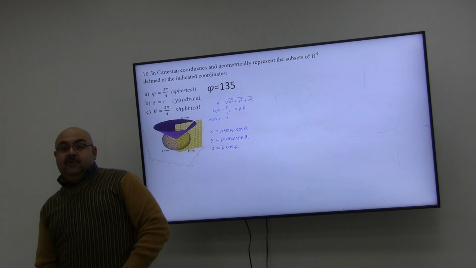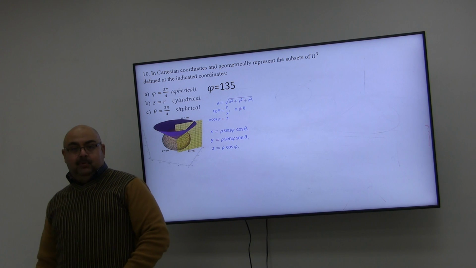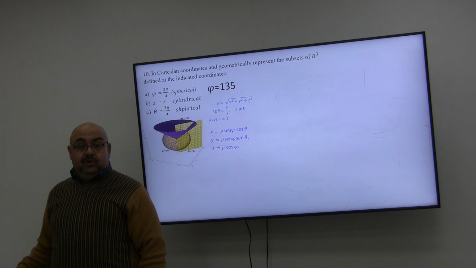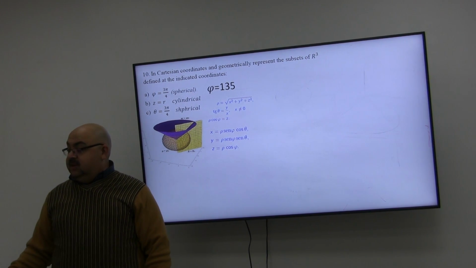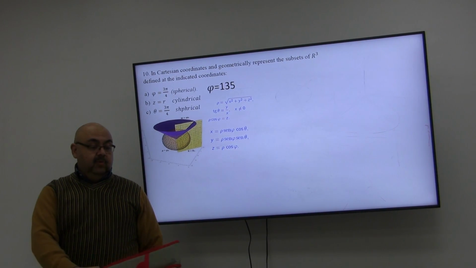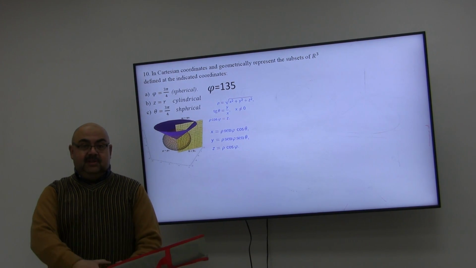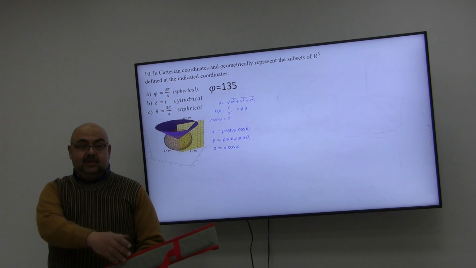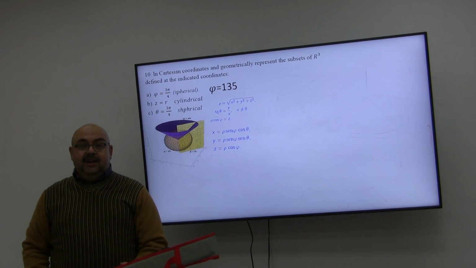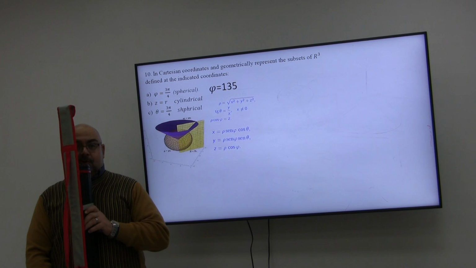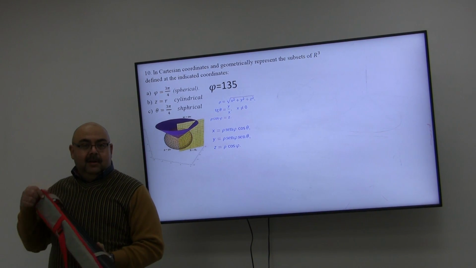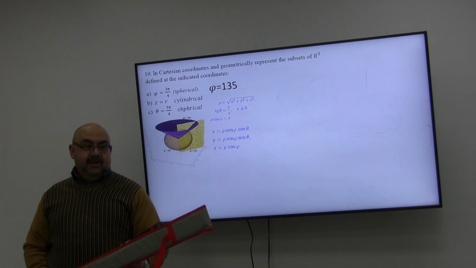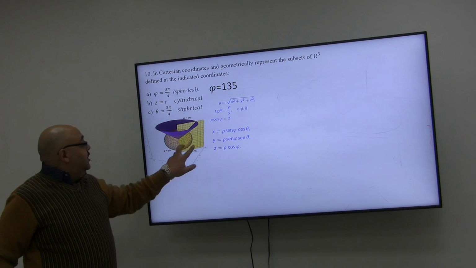And phi is controlling from 0 up to pi. So imagine at theta equal to 135, this is theta moving. It will come and stop right here. That's theta. It is greater than 90, so it stops like here. And the r is free. R can go from 0 up to positive infinity, and phi from 0 up to pi. In this case, it will be a plane.